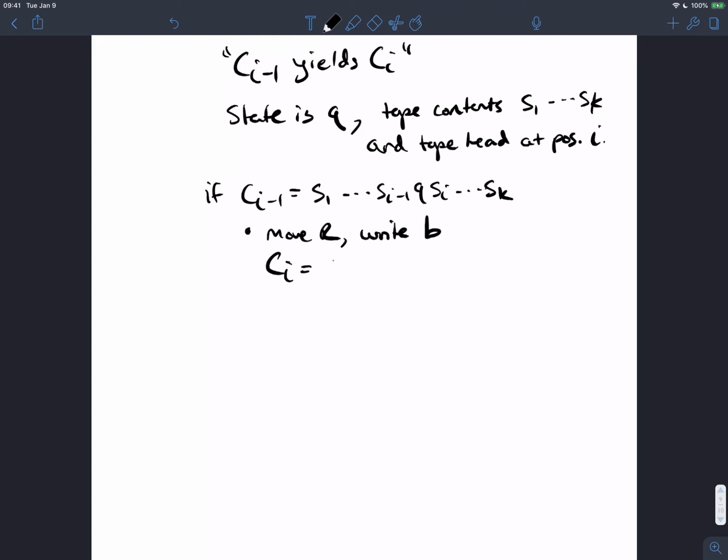So CI now is the same as CI minus 1 at the beginning, but now it's a B because we moved right and wrote a B. Let's say we go to state Q prime. Then we're now in state Q prime, looking at SI plus 1, going through SK.